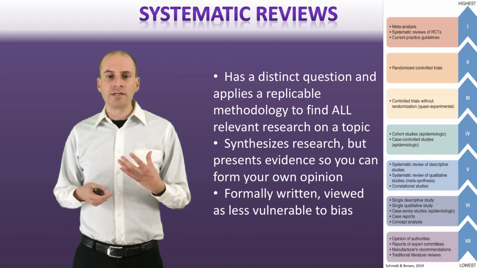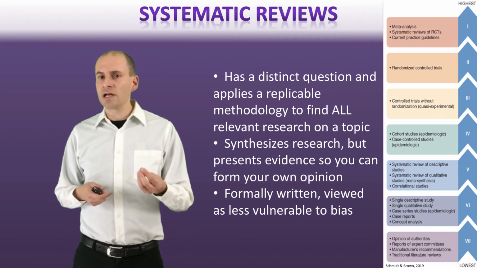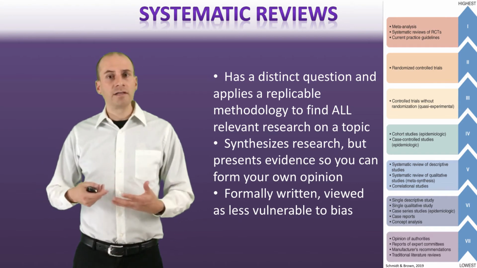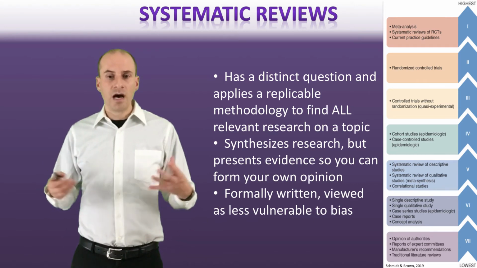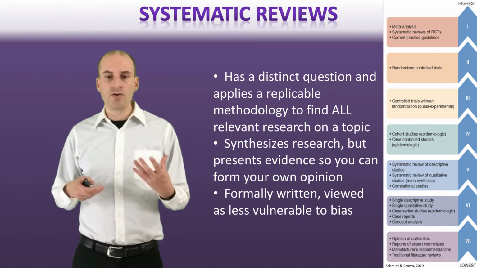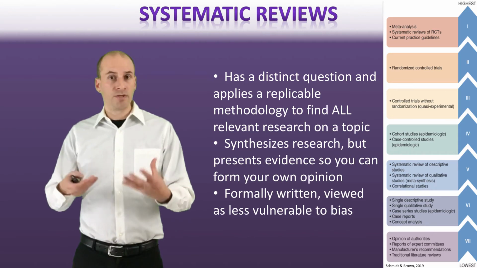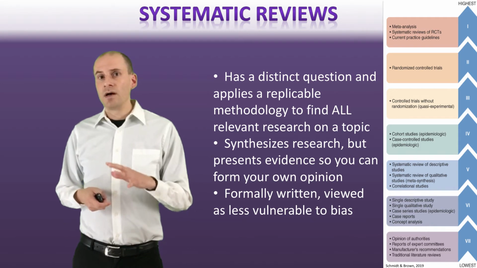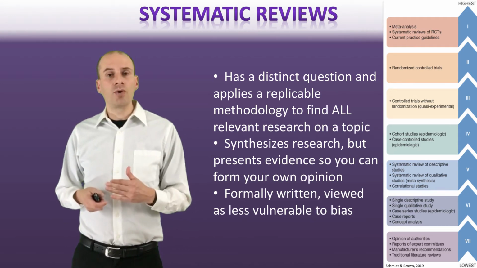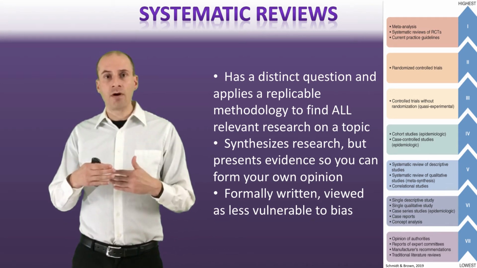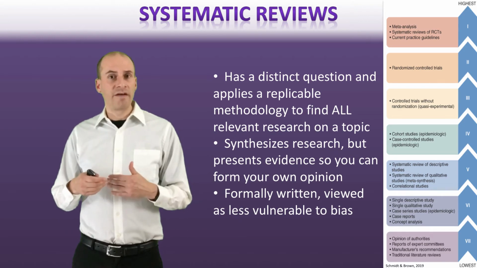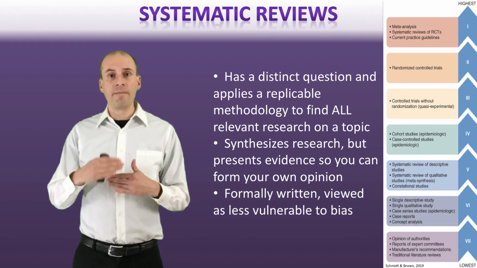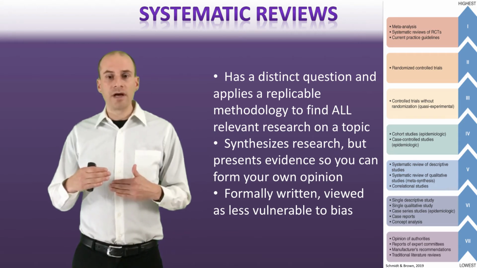So there is a clear methodology to these, and ultimately, based upon what they find, they will synthesize that research to give you their perspective on the literature. However, they'll also present that evidence to you, so you will be able to see evidence from all these different papers that they've identified, and they should have identified in this search all of the relevant papers on this topic area.